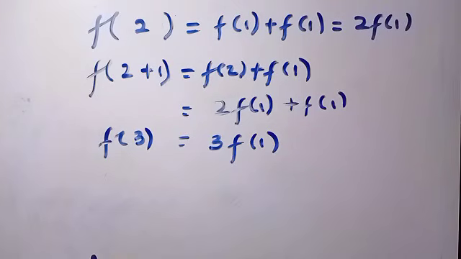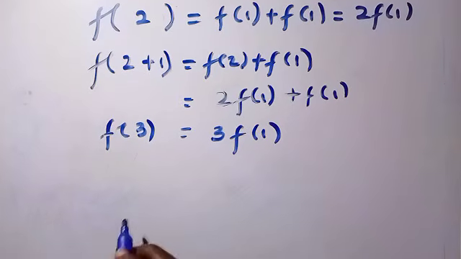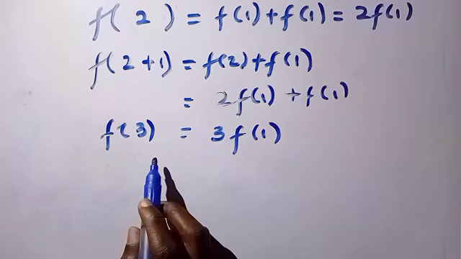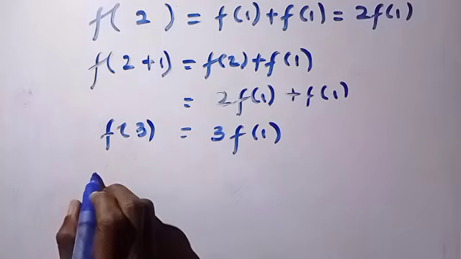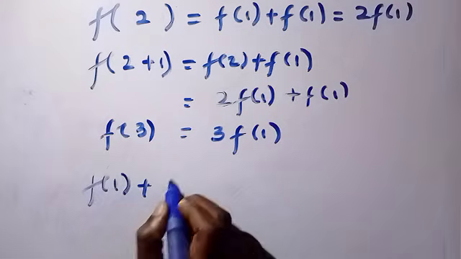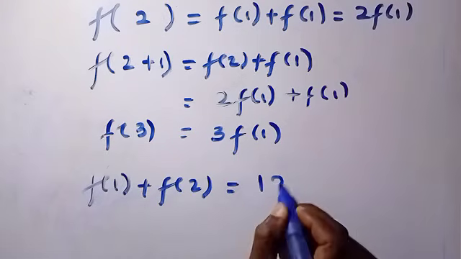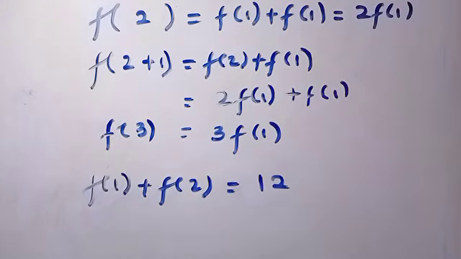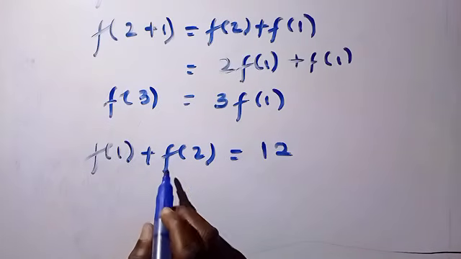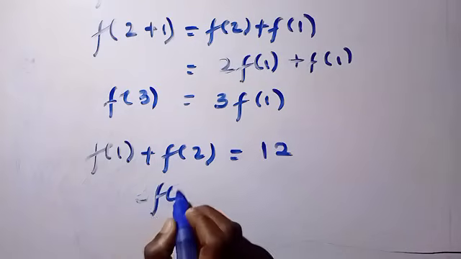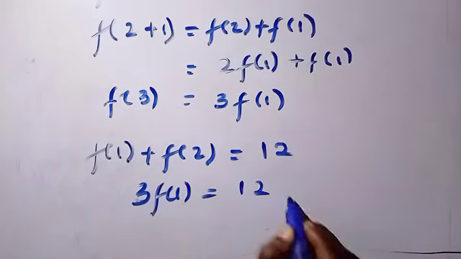And to get the value of f of 1, since we are given f of 3 already, let's try to know f of 2 first. To get the value of f of 1, if we substitute back, we have f of 1 plus f of 2, equating this to 12. And since we have already that f of 2 is given as 2 f of 1, we have this as 3 f of 1, and everything here equals 12.